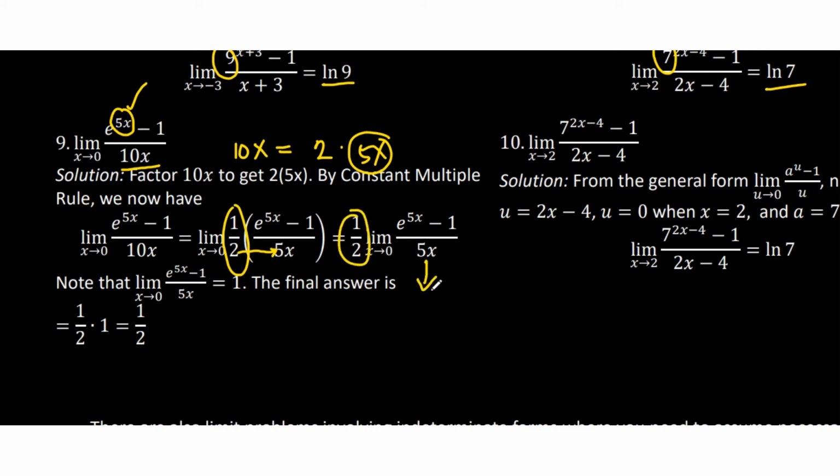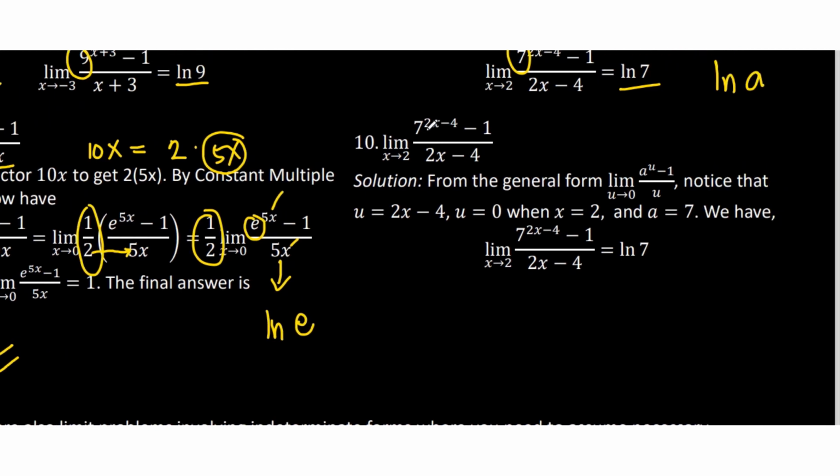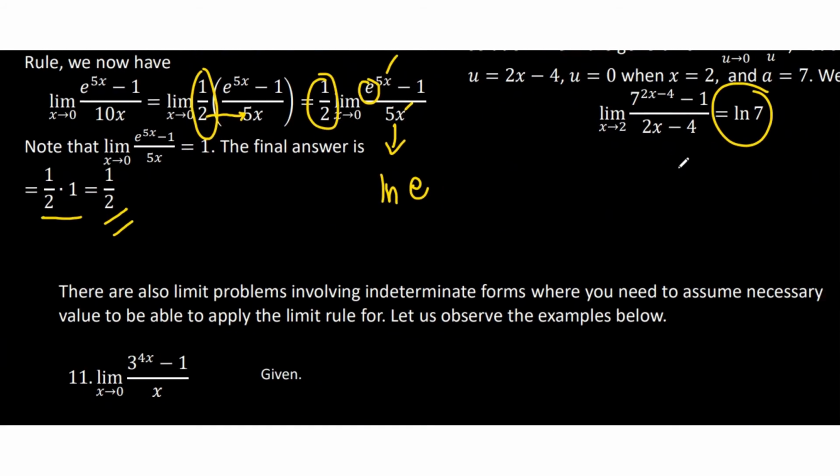Ito ay magiging ln of e na agad. Why? Because the base is e and the exponents and denominator are already the same. Therefore, 1 half times 1 will become 1 half. So the answer is 1 half. Now in number 10, so no problem kay number 10 kasi yan na siya. ln of 7. Kasi wala namang ibang iiwalay pa.